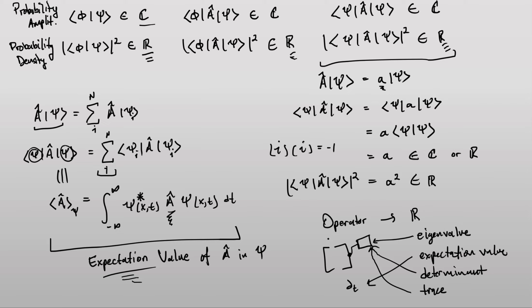Even operators, even these things that we can't necessarily see, they're just manifestations of numbers, right? All these real numbers, eigenvalues, expectation values, determinants, traces, and all this kind of stuff.